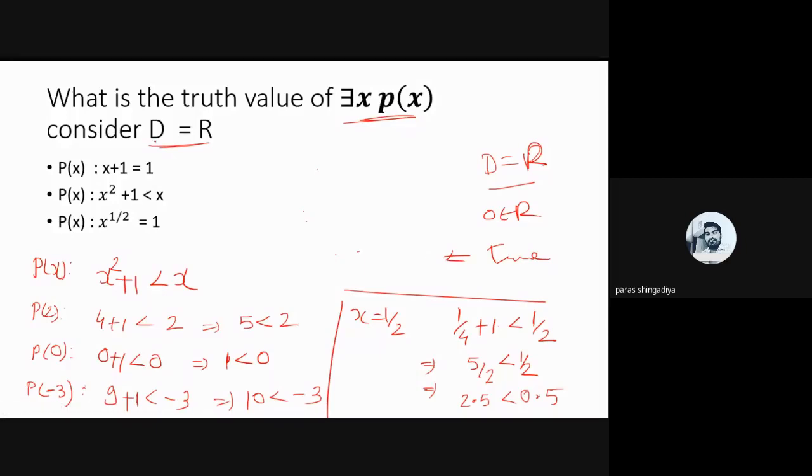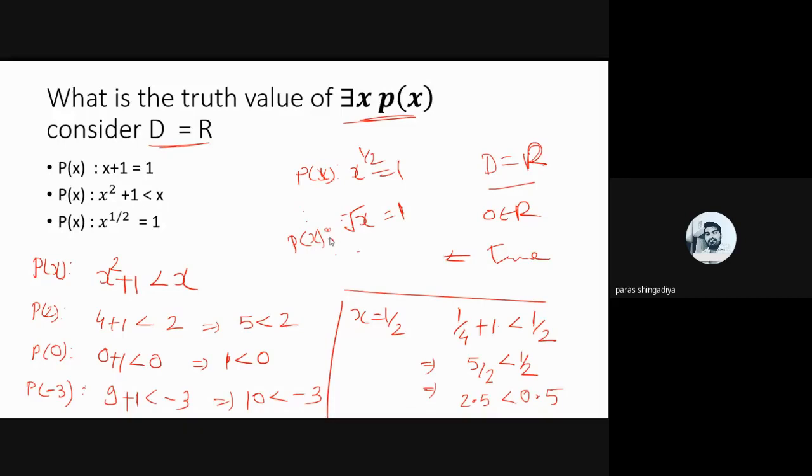P of x is given as x raised to 1 by 2 is equal to 1, that is, the square root of x is equal to 1. For which value of x does it become true? Root x is equal to 1 is true, otherwise false.